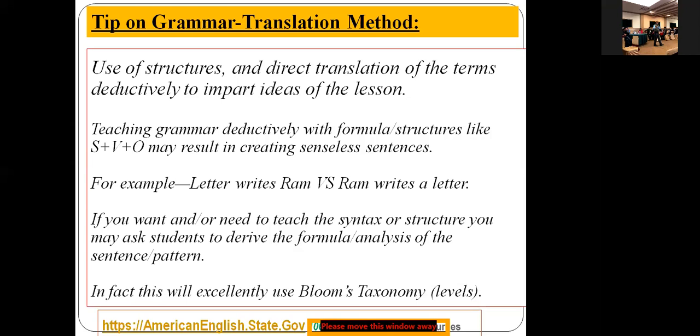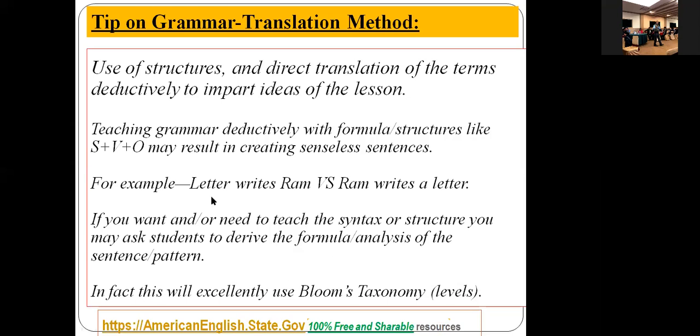So instead of, for example, using the formula subject, verb, object kind of skeleton and putting words there, it might give different undesired or irrelevant kind of situational meaning. So we advise to use the communicative approach often.